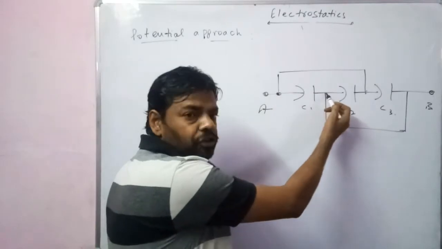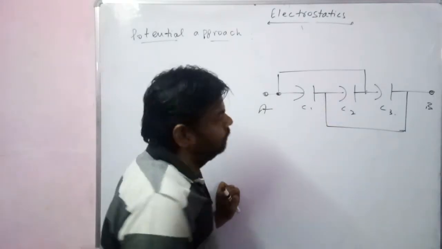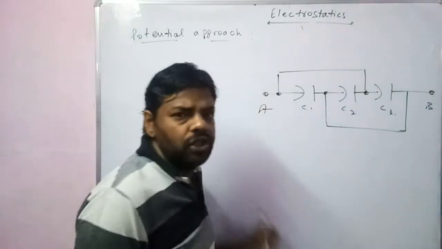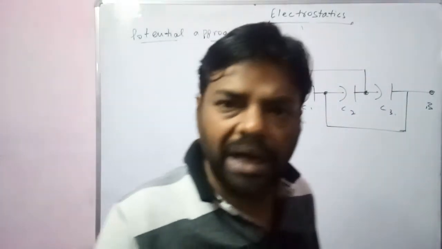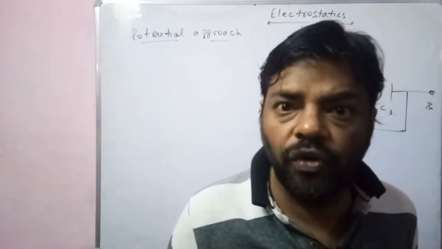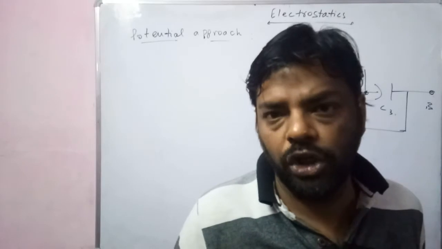When we cross the first capacitor, again we find a branch. When we move over the next junction, we again find a branch. I want to say that at the very first sight, it becomes very difficult for anyone to identify the series or the parallel combination.